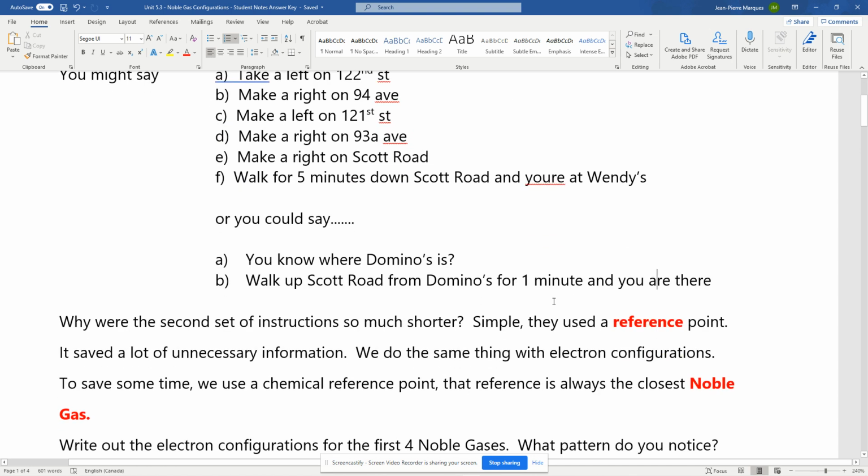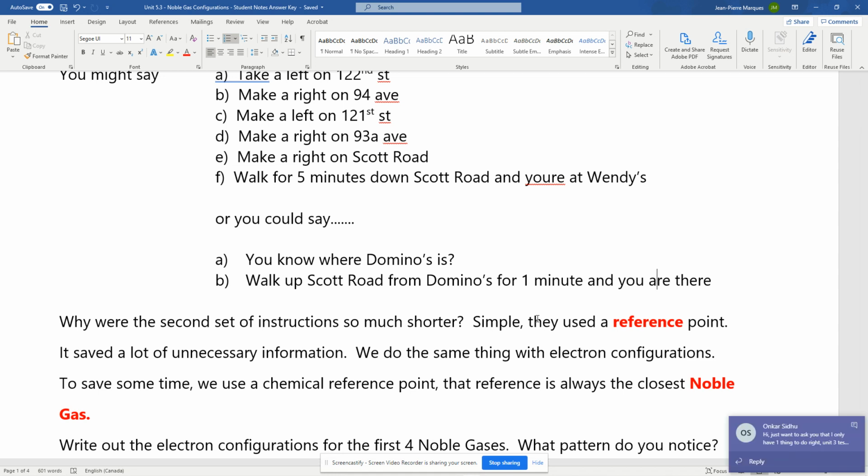Anytime you have a reference point, you basically save yourself a lot of information because you can now use that as your new starting point. Reference points are basically somewhere that is already further along the path, and therefore you can save some time and information by using that reference point.